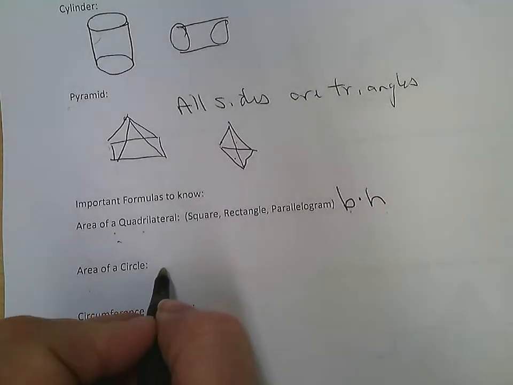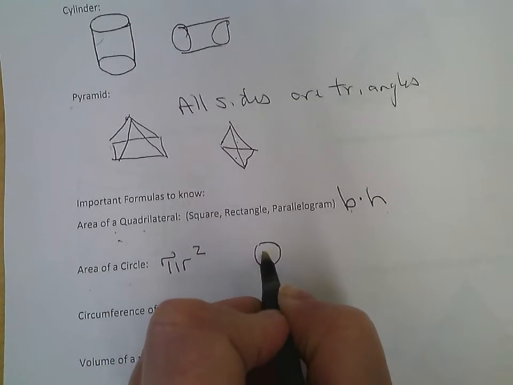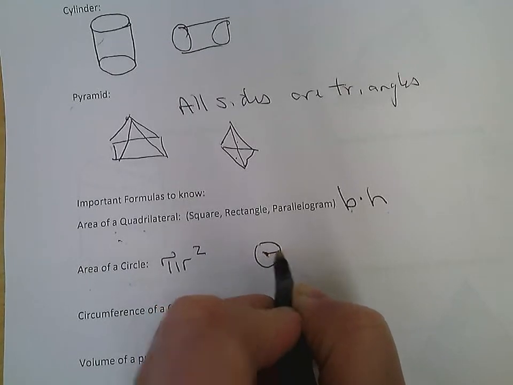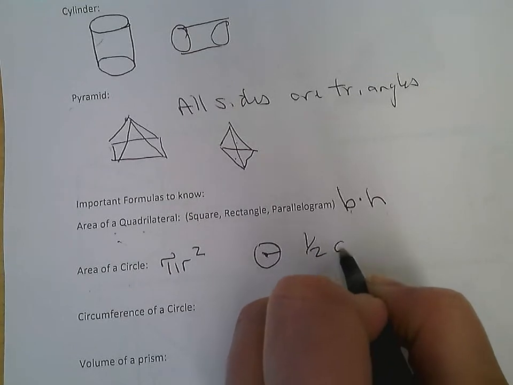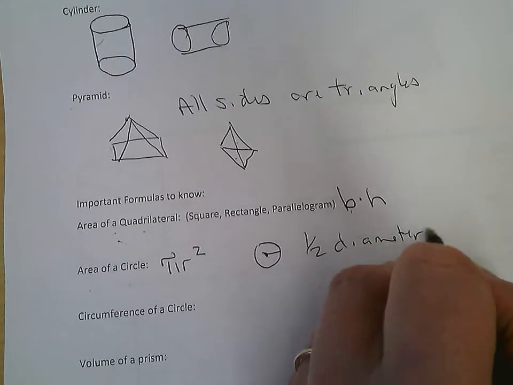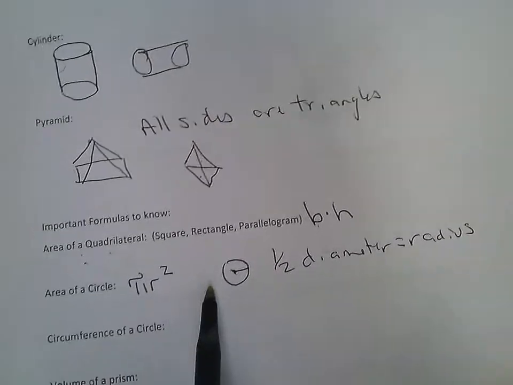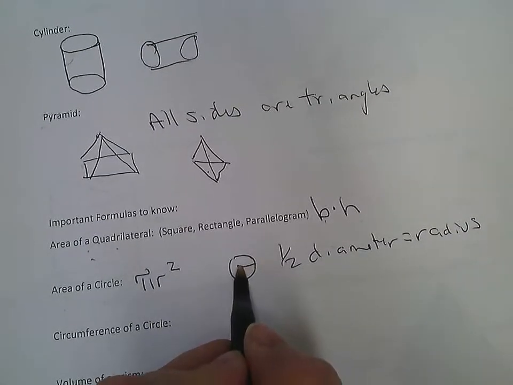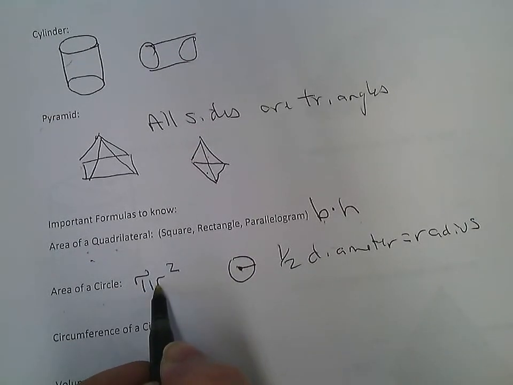The circle is pi r squared, where the radius, if you remember, is from the center of the circle to the side. It's half the diameter. Half the diameter equals the radius, and it's from the middle of the circle out. That's the value we want to use for our radius here.